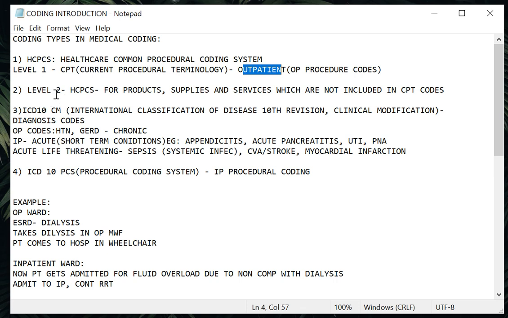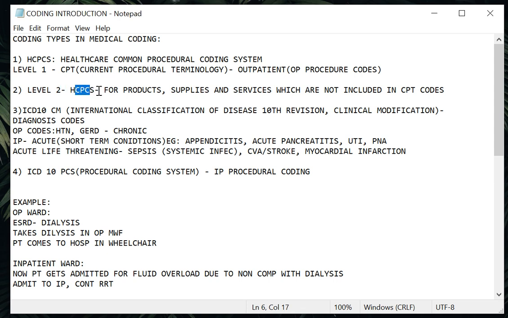Whereas what is level 2 then? The patient is coming in a wheelchair. So those kinds of equipment, medical supplies, all those kinds of things will fall under level 2, because we need to pay for everything, for the services they provide, for the equipment they provide.